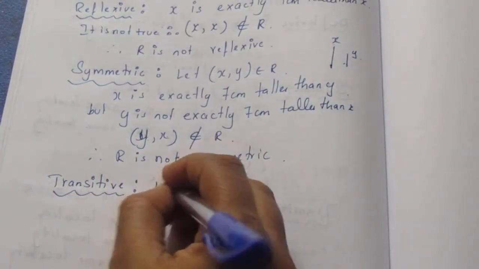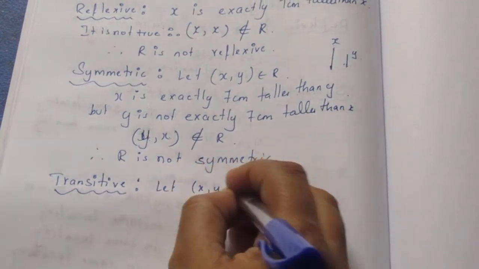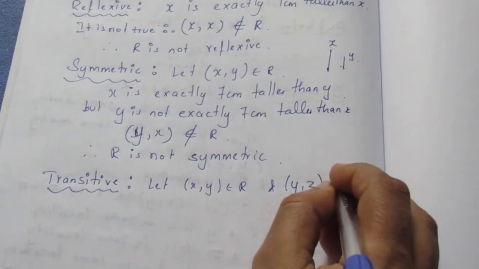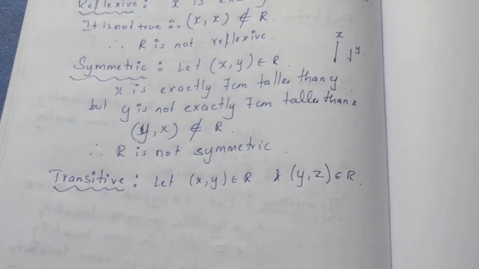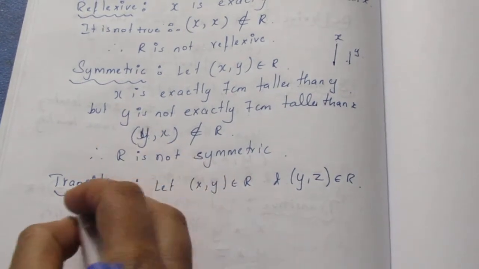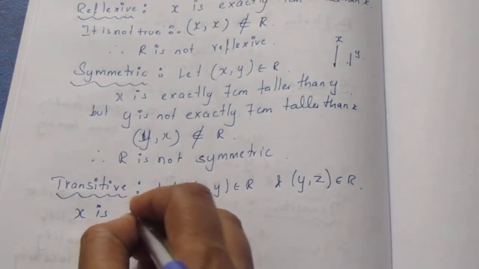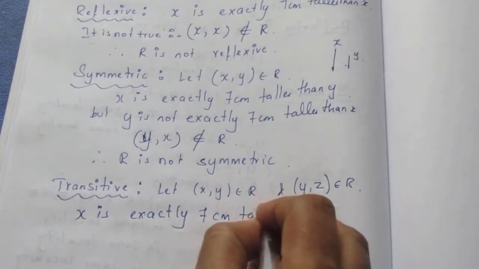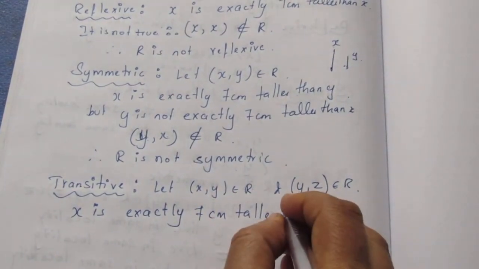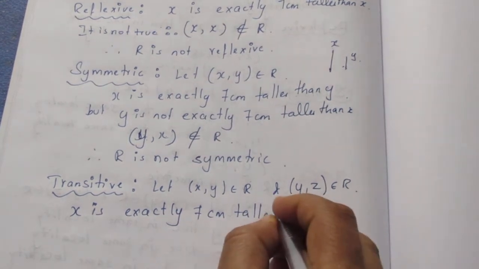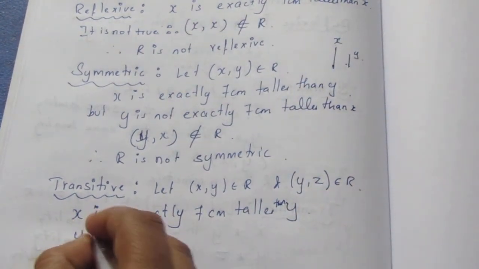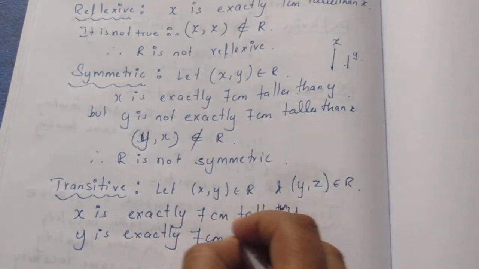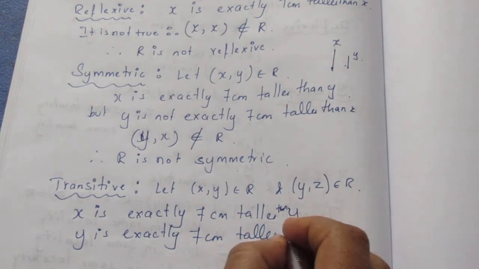For transitive, let (x, y) belong to R and (y, z) belong to R. Now, according to the given relation, we can write x is exactly 7 cm taller than y according to the given condition. Same way, y is exactly 7 cm taller than z.